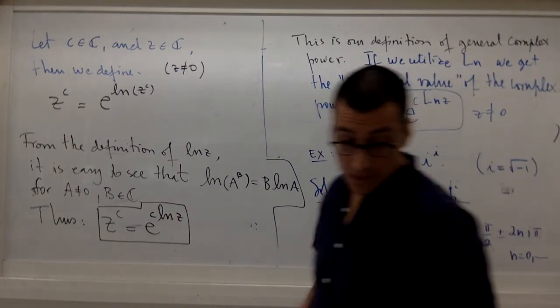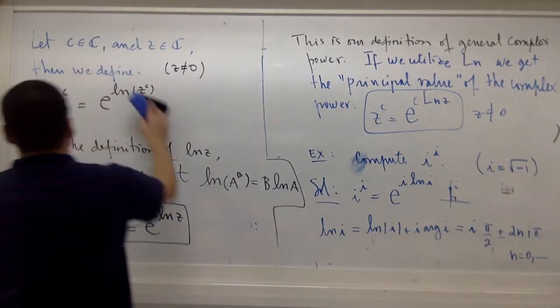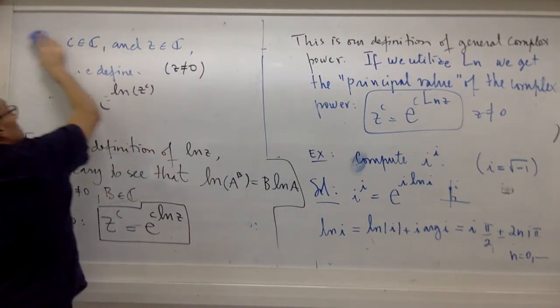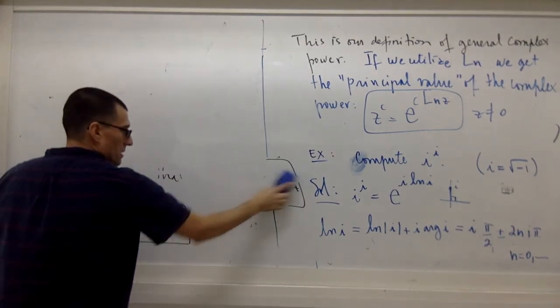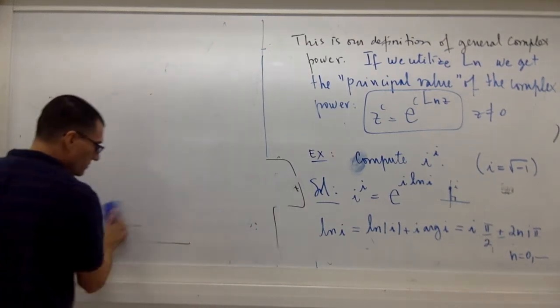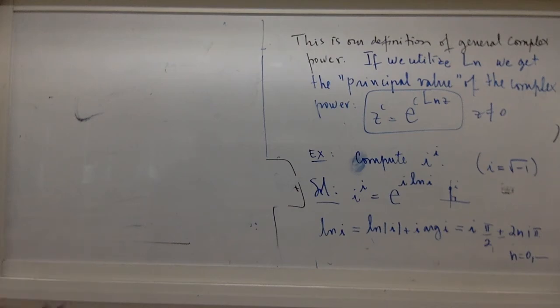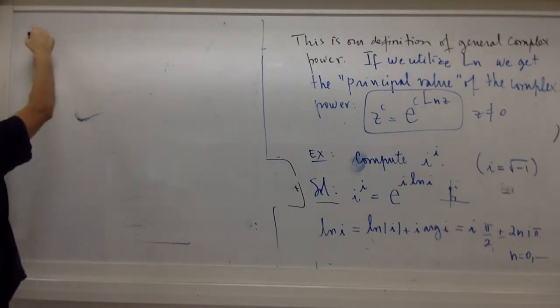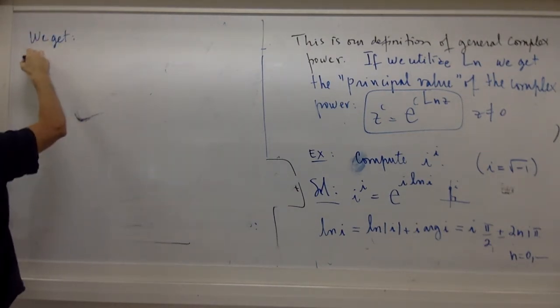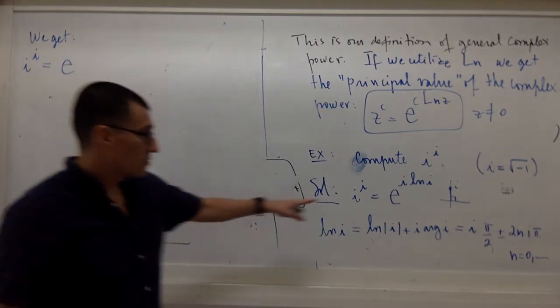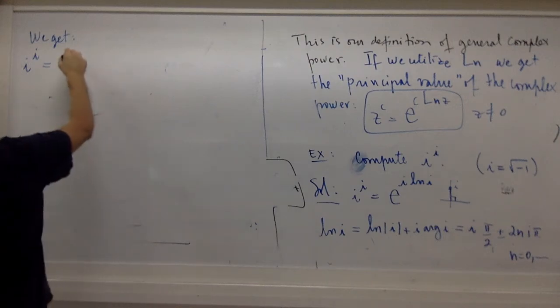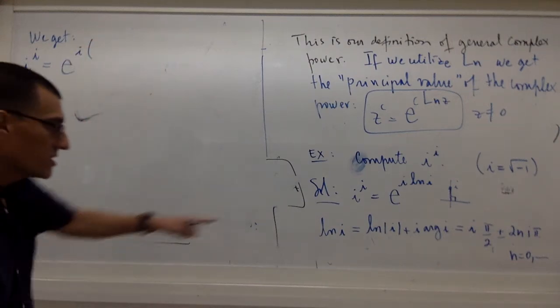So let's plug it into the exponential. What are you going to get there, guys? If you plug it in the exponential by definition, we get I power I equal exponential of I times the log of I, which is computed down there.